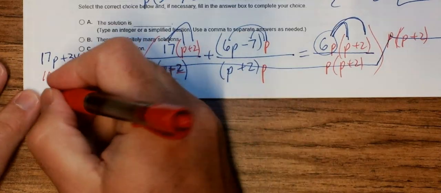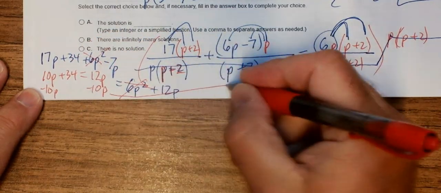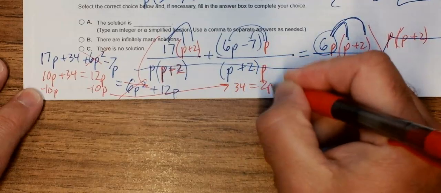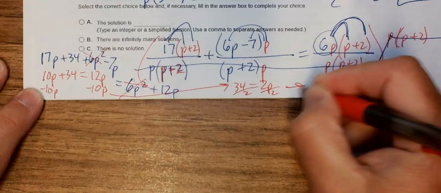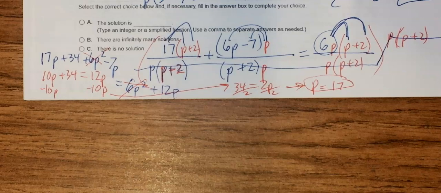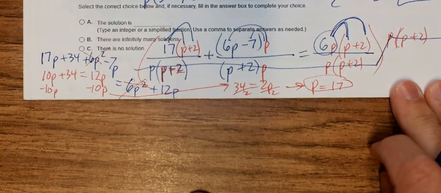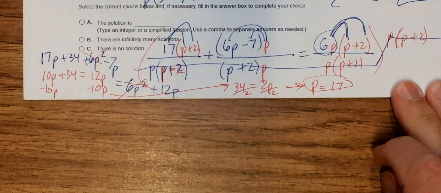Nicely done. Alright, so if I take away 10p from both sides, I'll give myself 34 equals 2p. And divide out the 2, 17. That is ugliness. Any questions on that? Alright. That's good news.